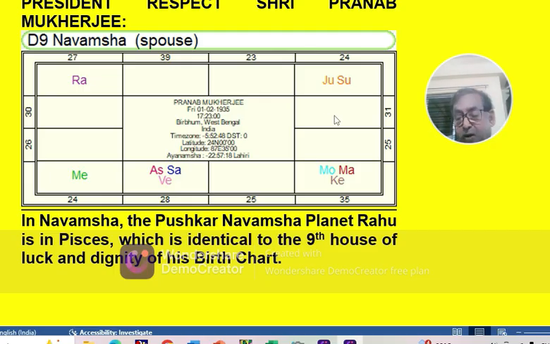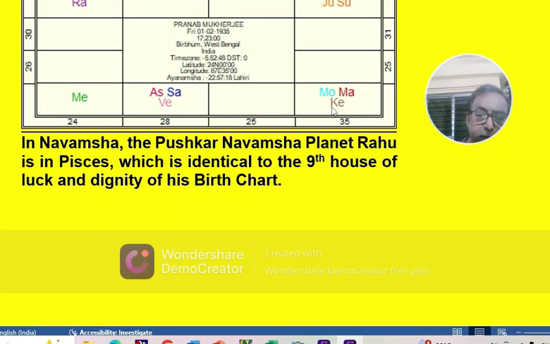In Rashi Tulya Navamsha, what do we do? We retain the lagna of the birth chart, and the remaining planets in the Navamsha we leave untouched, but bring the lagna of the birth chart into the Navamsha. So it is called Rashi Tulya Navamsha.